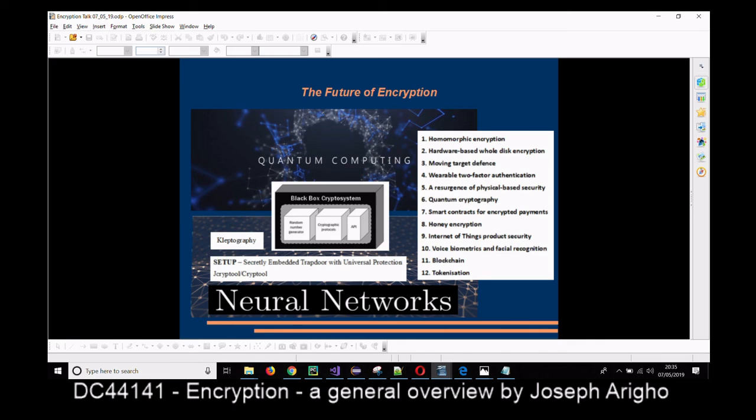Because you don't know how it comes up with its cryptography, it's very difficult to know how it's been influenced. And because it runs on asymmetric encryption based methodology, the only thing you'll ever be able to get from it at the end of the day is the public key.